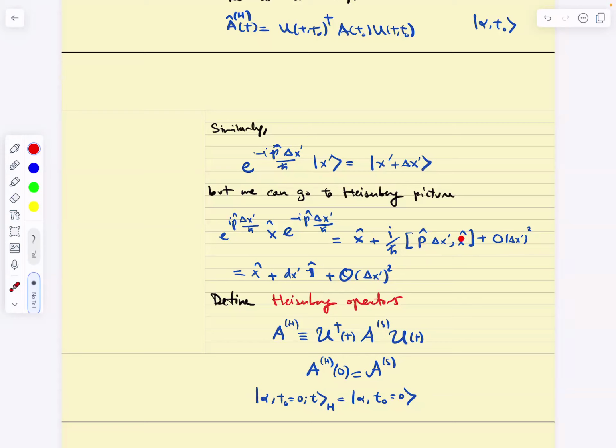This was nothing but, anyone, what is this? What's the commutator of p and x? Minus i h bar multiplied by i over h bar gives you plus 1, right? So here I'm treating delta x infinitesimally.